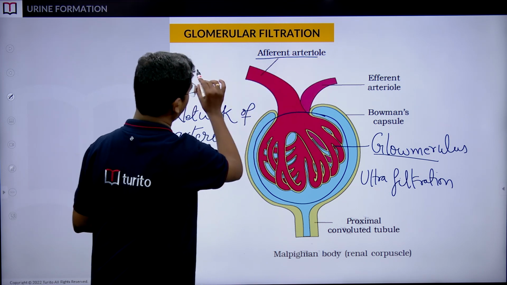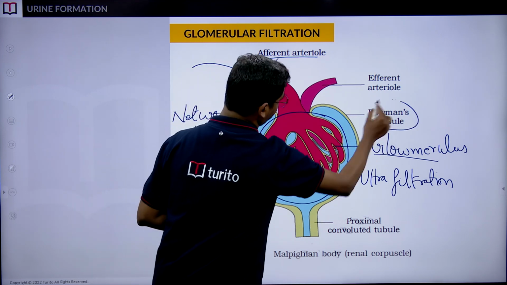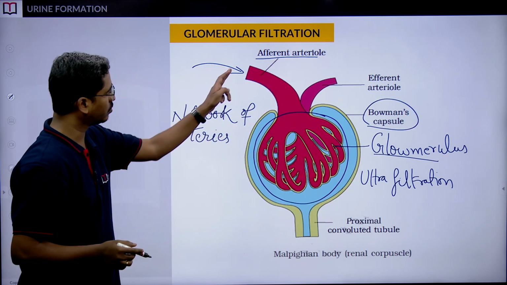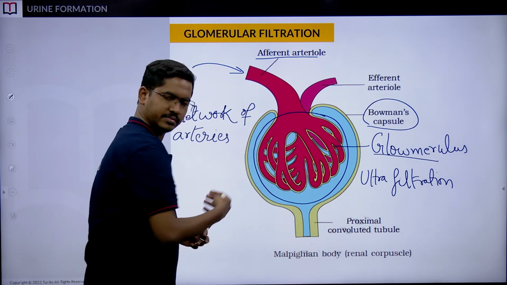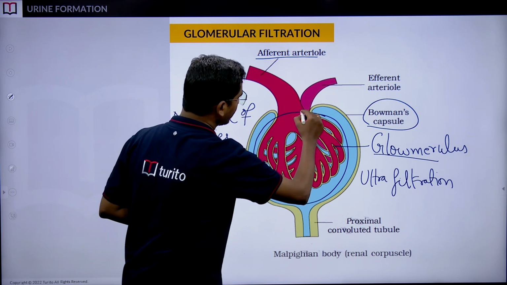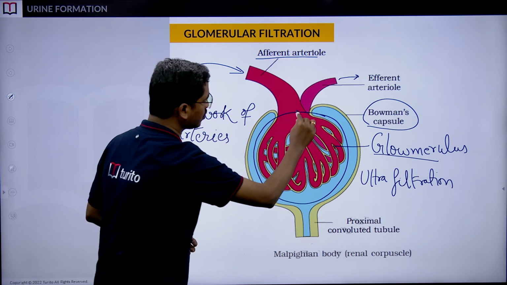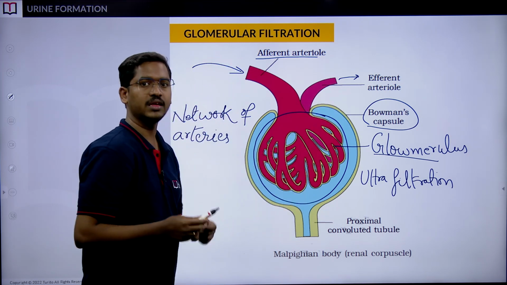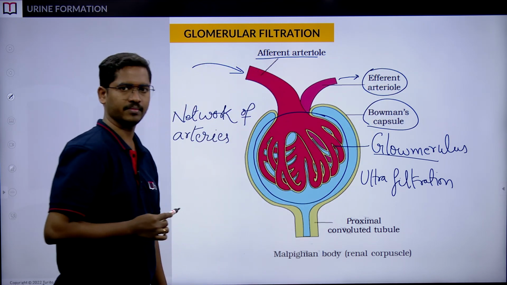One is the afferent arteriole which is entering inside the Bowman's capsule. It comes here, forms that network, and then you see it is again going outside. The arteriole which is going outside is the efferent arteriole.